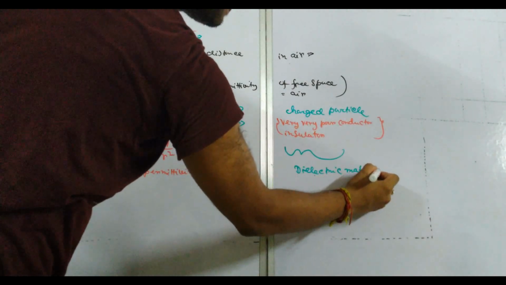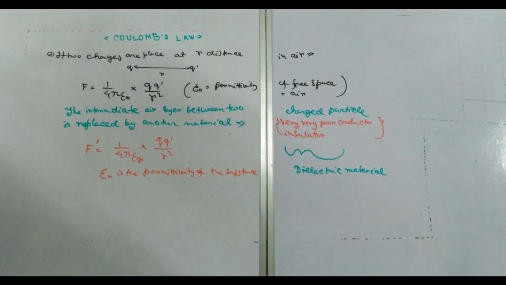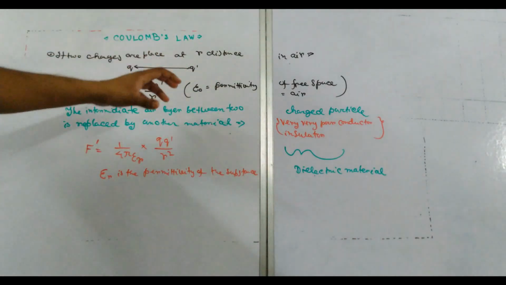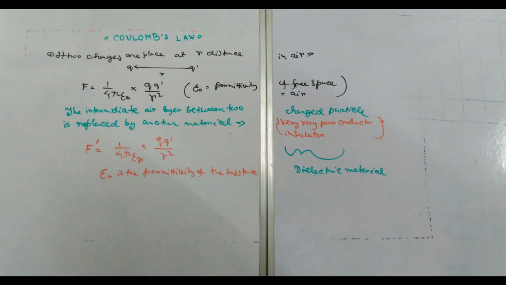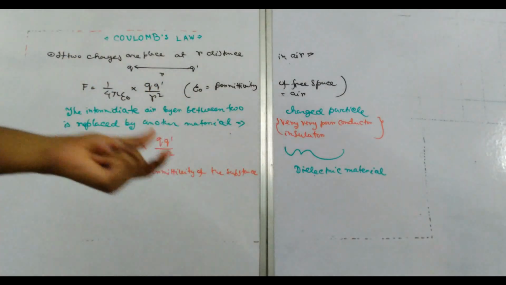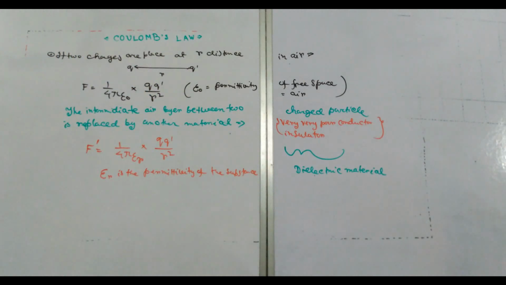Due to the replacement of the intermediate air layer with the dielectric material, the force of attraction between two charged particles will be reduced, and the number of times of reduction is known as the dielectric constant of that material.